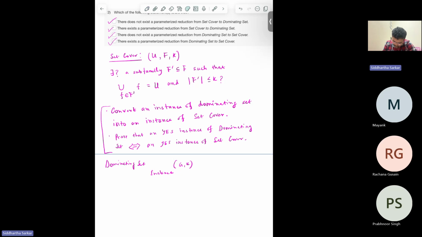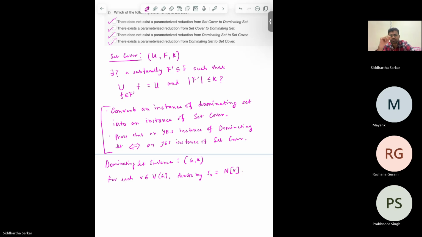All right. So from here you want to get a set cover instance. You have the graph. What you do is you consider the vertices of the graph and denote, for each vertex v in the graph, by S sub v the closed neighborhood of the vertex v. That means all the neighbors of the vertex v along with the vertex v itself. These are the sets for your set cover instance.